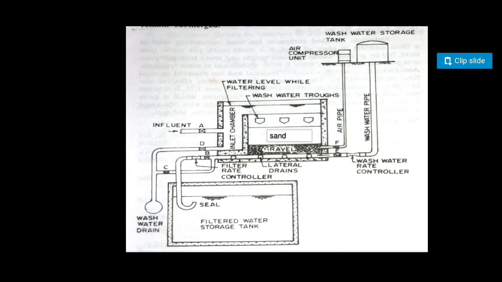When it starts to rise up, all those impurities which have collected over the filter sand media will start to rise, and they do not go inside the inlet chamber, but are collected in the wash water troughs, and these wash water troughs are connected to the pipe system at D. So that system will take out the impurities that are clogging the system.